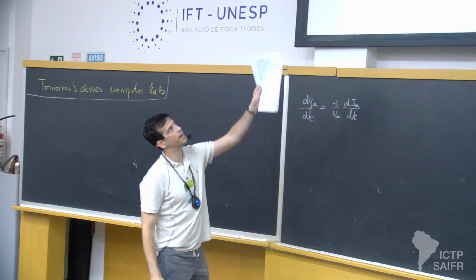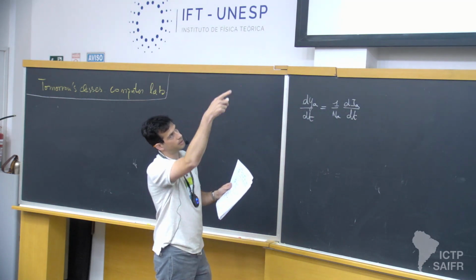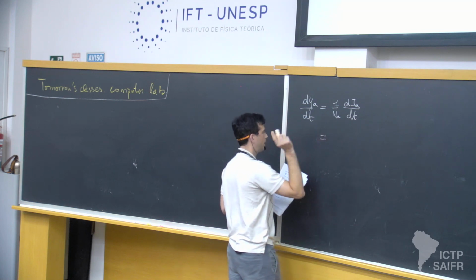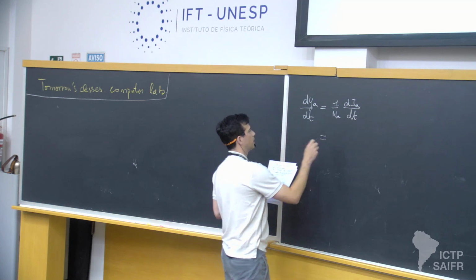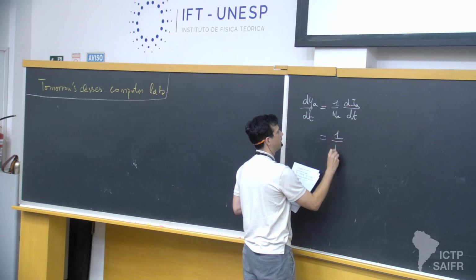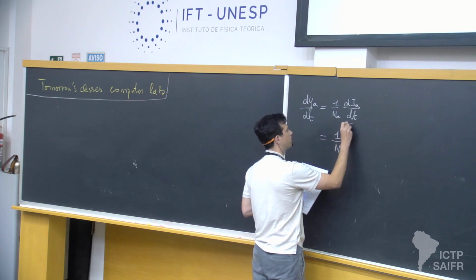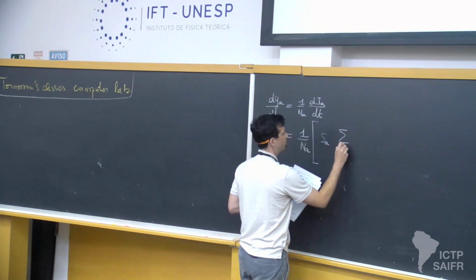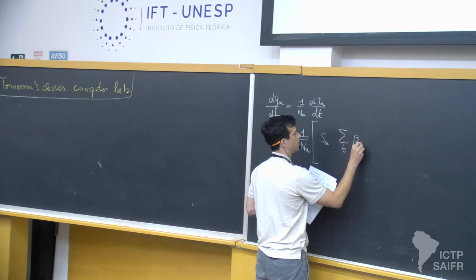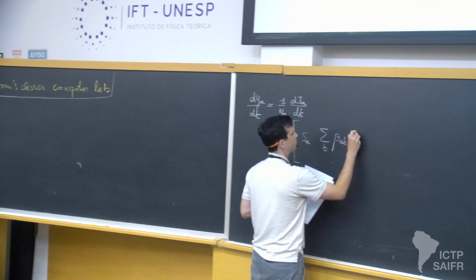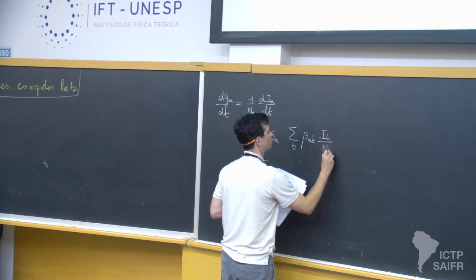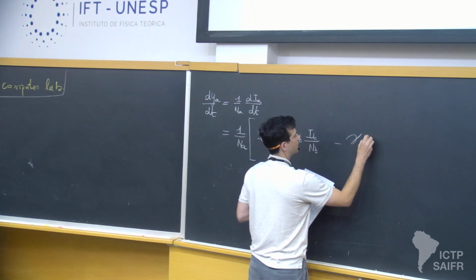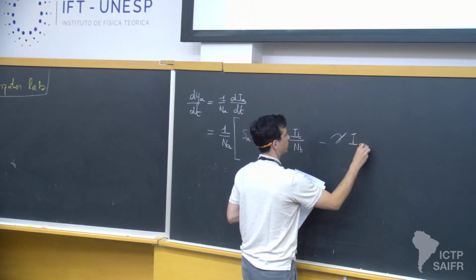This is given by one of the equations, the I equation for the SIR. So it's going to be equal to 1 over N_A times S_A sum over B of beta_AB Y_B over N_B, and then minus gamma times I_A, right?